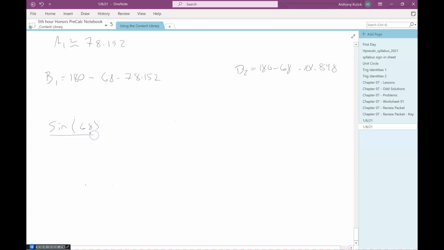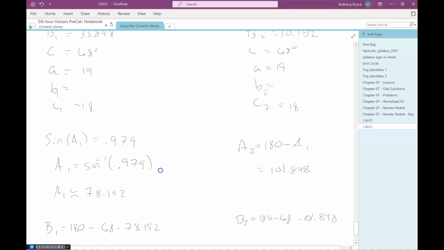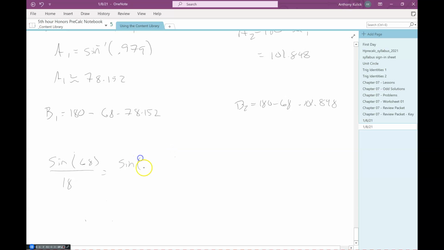So we'll do sine C over C equals sine. Now here, we're looking for side B, so I need angle B, which was 33.848.